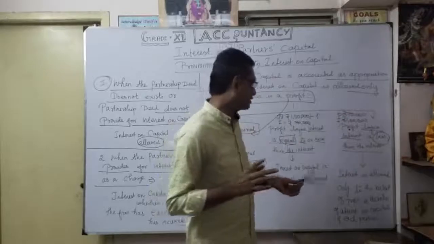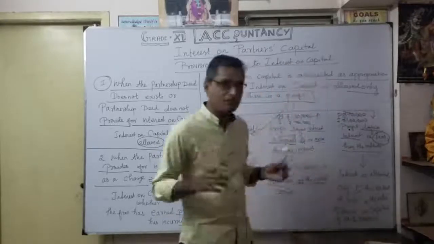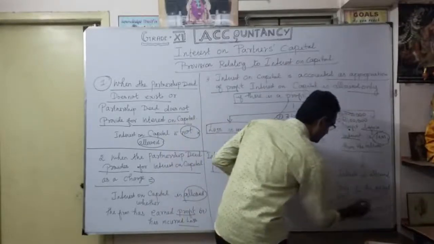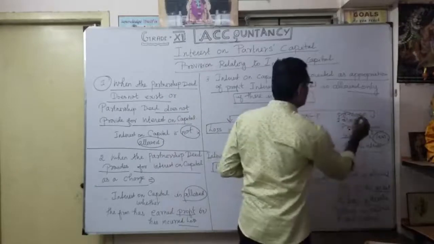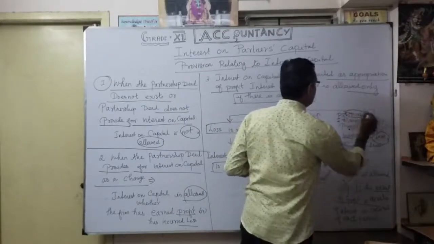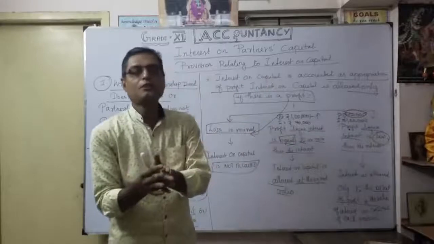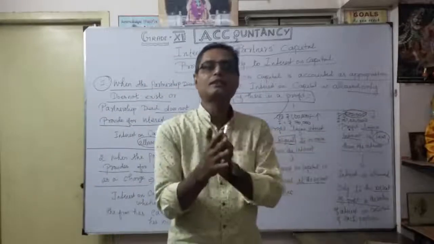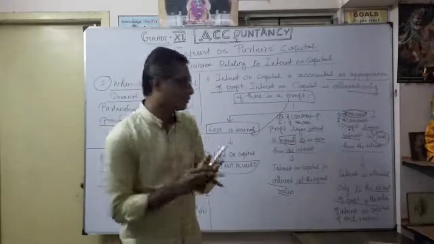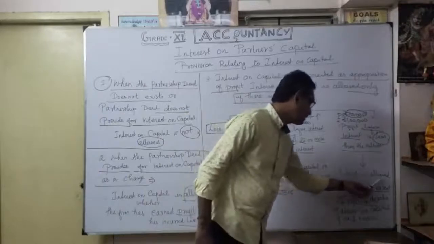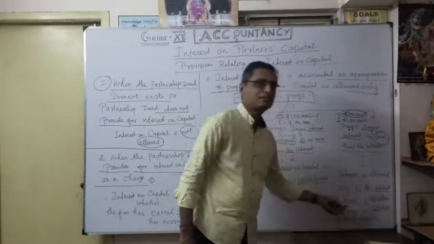Interest is allowed only to the extent of profit. So we can only use the available profit of 70,000, and only that 70,000 we can distribute as interest at the agreed ratio. That's what I mentioned here: interest is allowed only to the extent of profit.